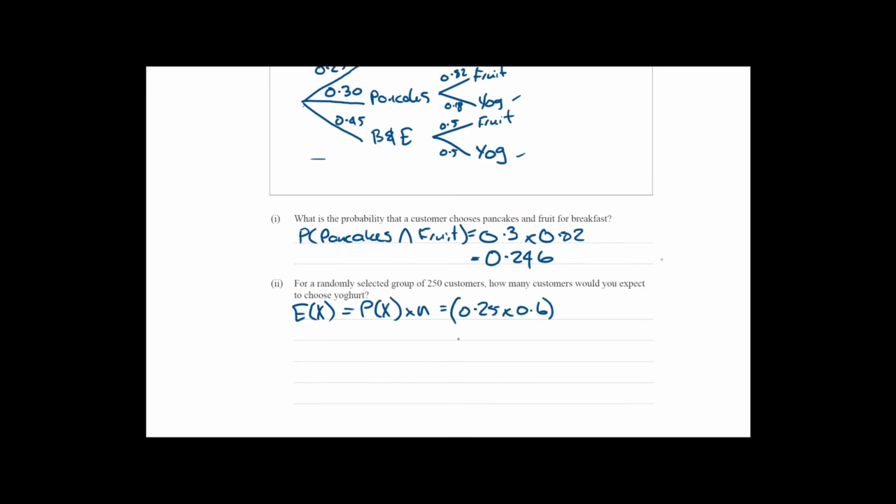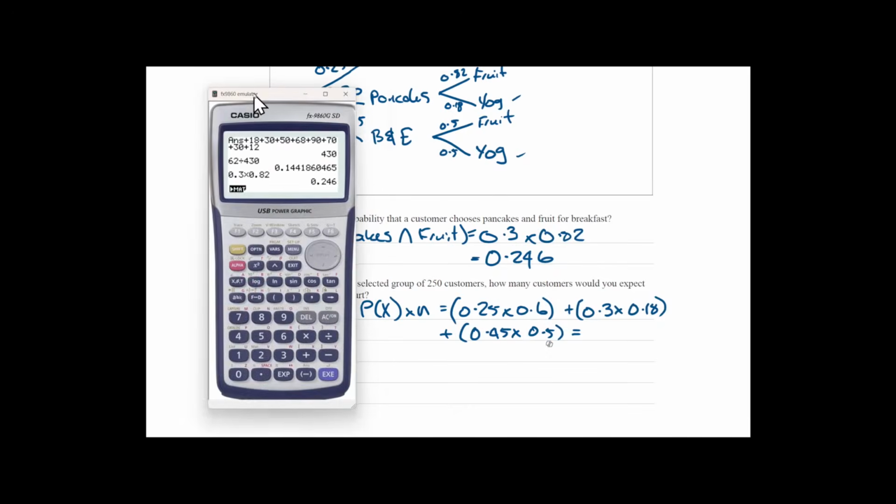For the muesli, plus 0.3 times 0.18 for the yogurt, for the pancakes, sorry, and then for the bacon and eggs, it's going to be 0.45 times 0.5. And it's going to be a number.